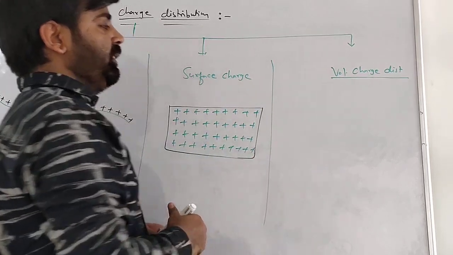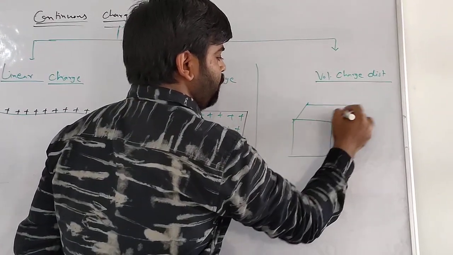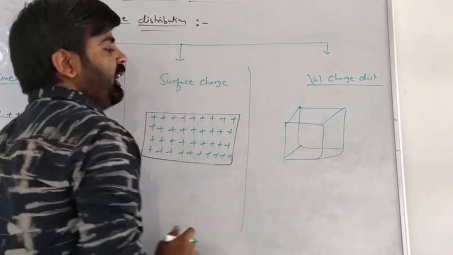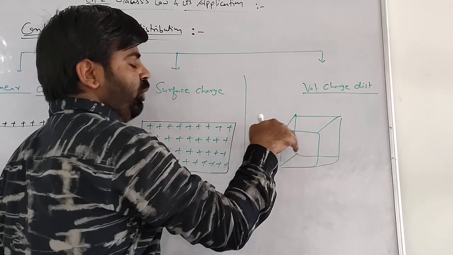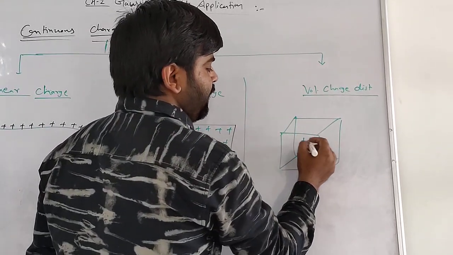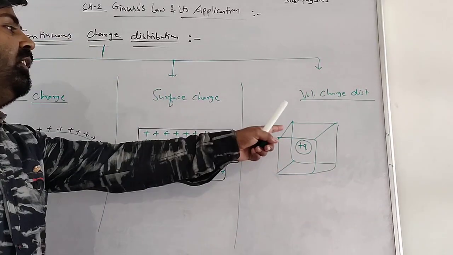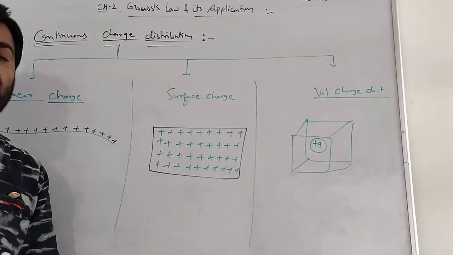For volume charge distribution, we consider a cube, and if we give it plus q charge, distributed in its volume, then it is called volume charge distribution.